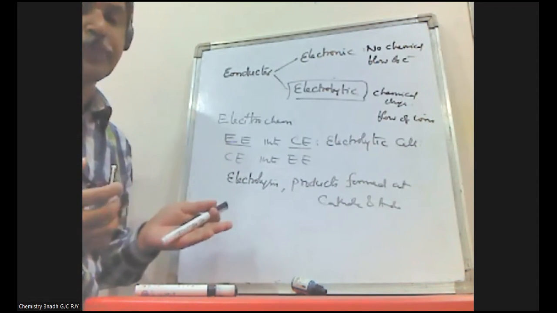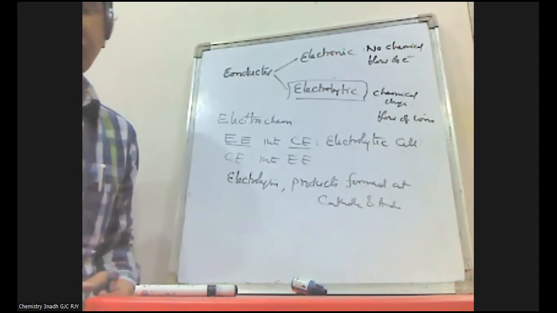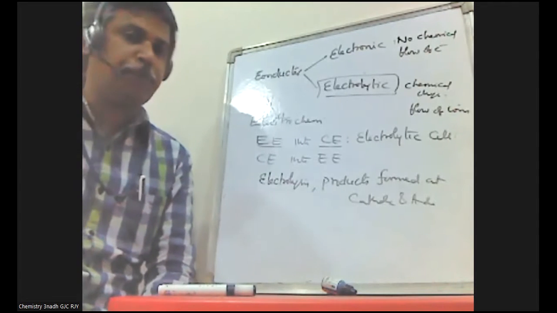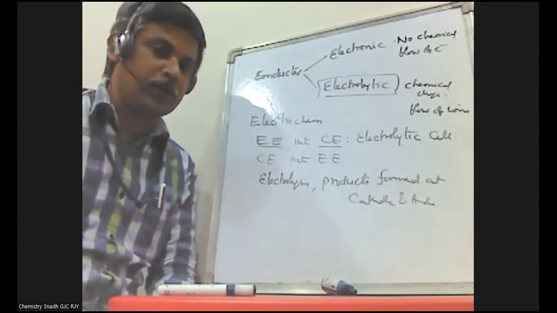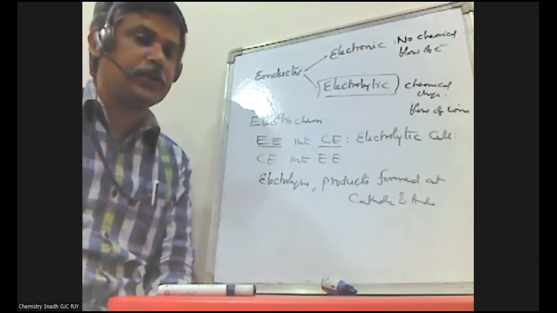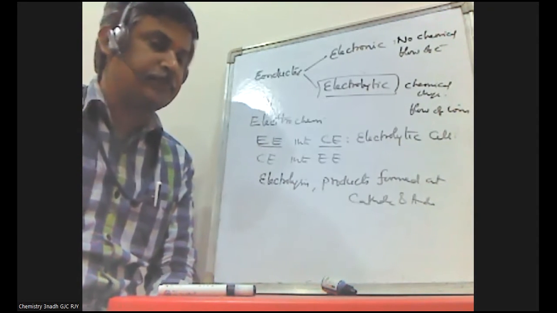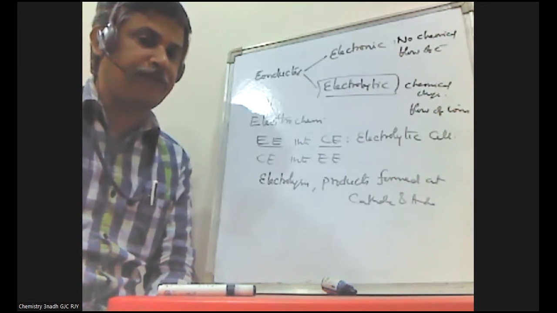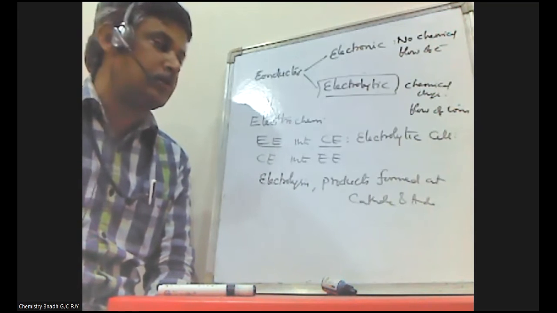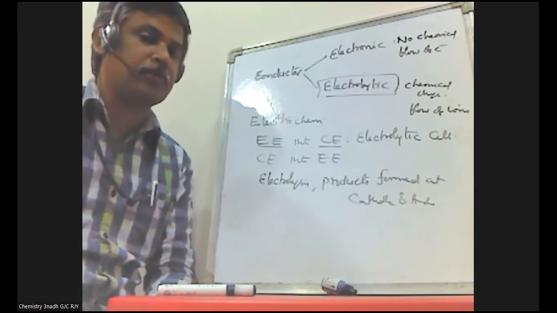Faraday's laws give the quantitative relationship between the amount of reaction occurred or amount of substance deposited during electrolysis and the quantity of current passed through it. Those are Faraday's first law of electrolysis and Faraday's second law of electrolysis. We have solved some numericals on those laws.